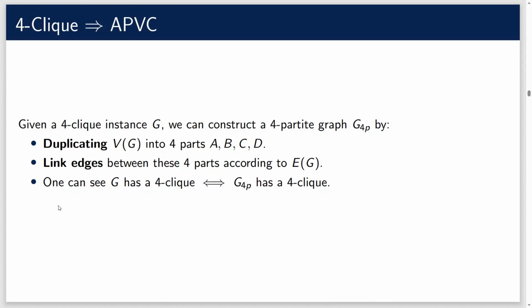Therefore, one can see that G has a Four-Clique if and only if G4P has a Four-Clique, since their Four-Cliques correspond to each other. We can remark that the four-parted graph G4P is hard if G is hard. So actually, when we think about the Four-Clique conjecture, we can think that the instance is any four-parted graph, and the hardness is still valid.